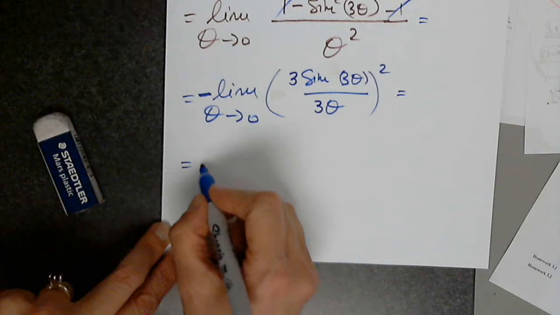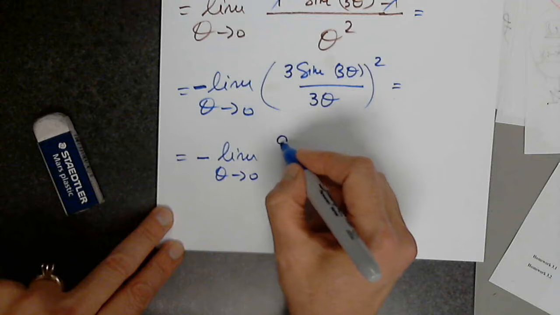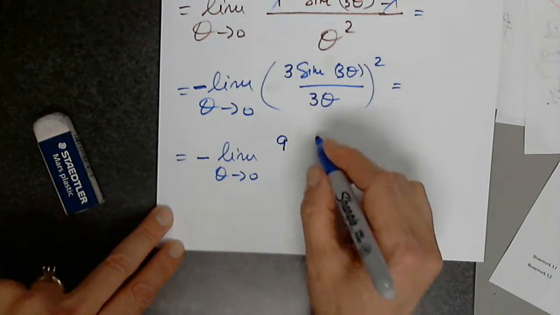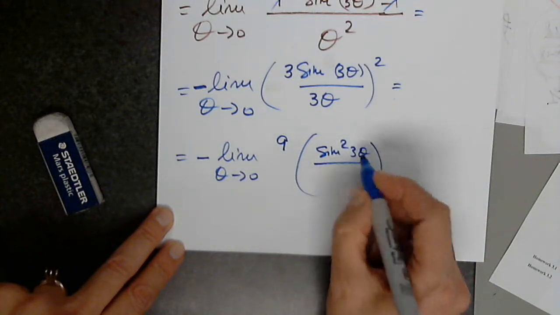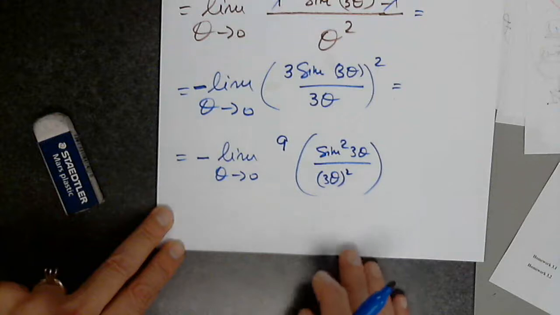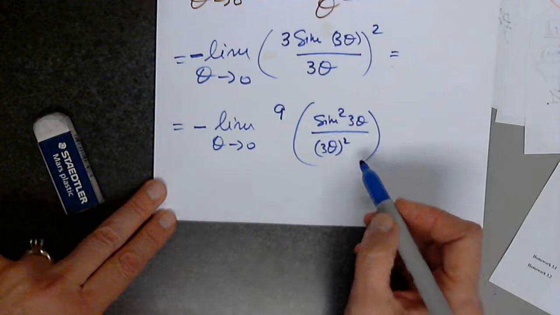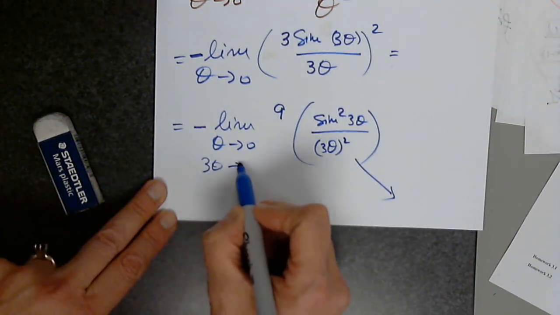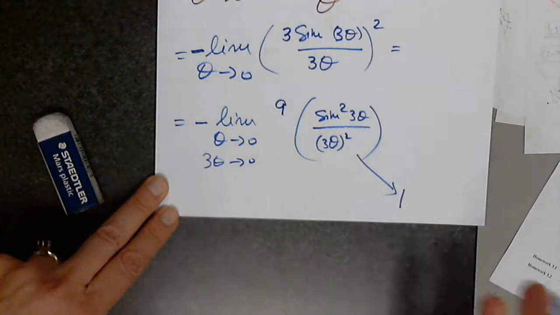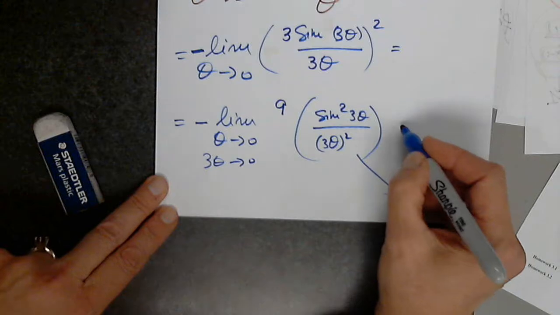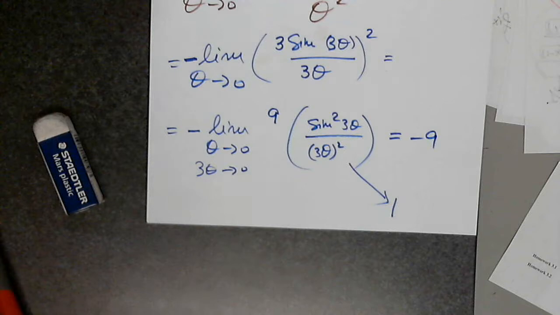So then this becomes now negative limit as theta approaches 0 of 9 sine squared 3 theta over 3 theta squared. So what does this approach? Because 3 theta approaches 0 for sure. What does this approach? 1. Or 1 squared, which is the same thing. And then the limit must be, with a minus in front, negative 9.